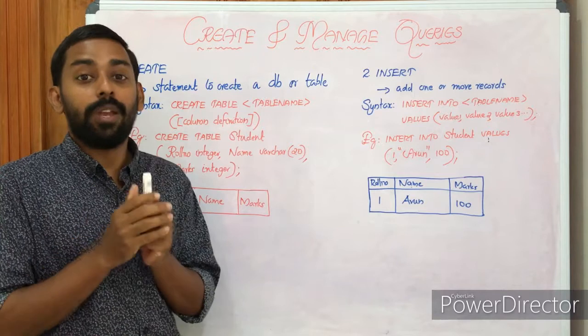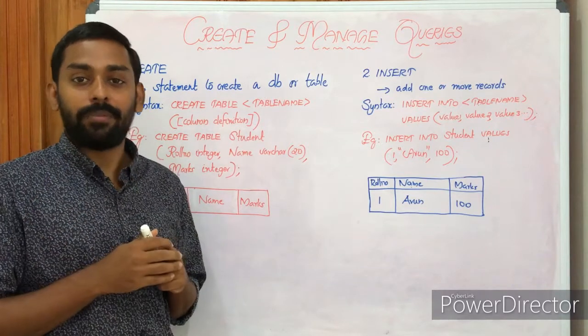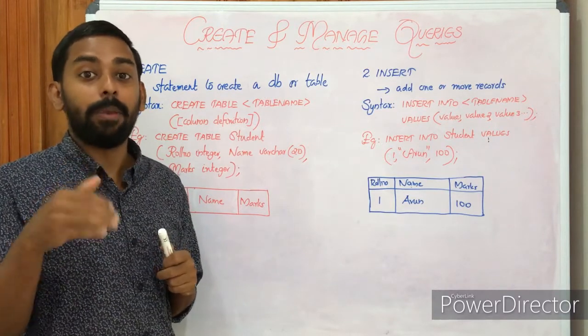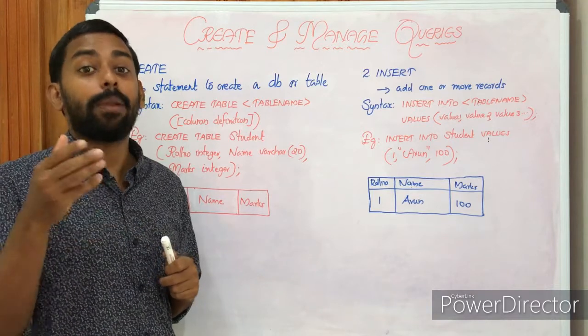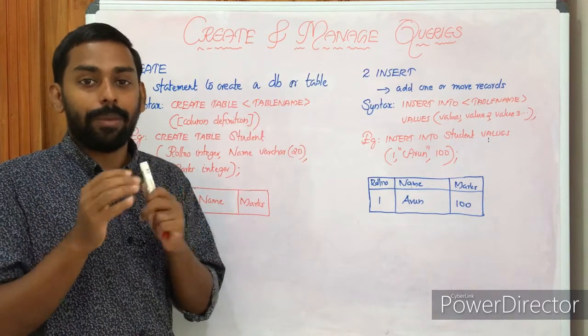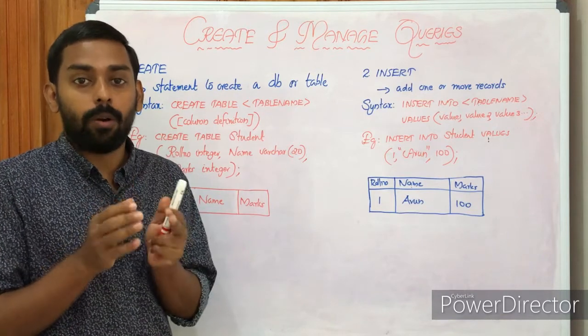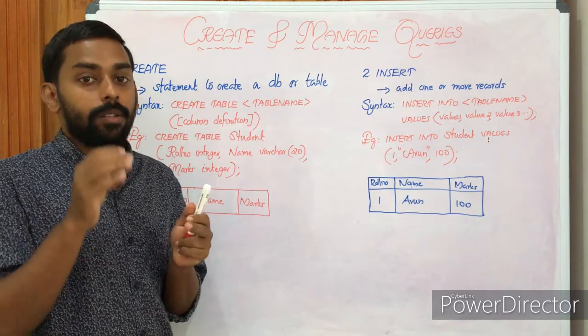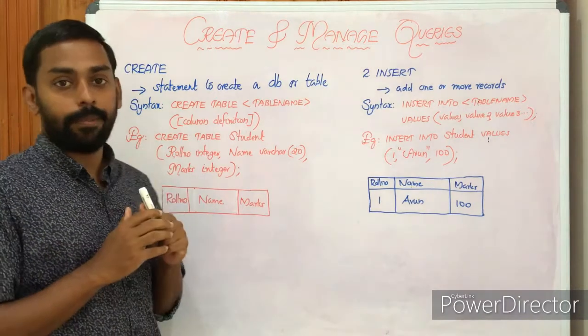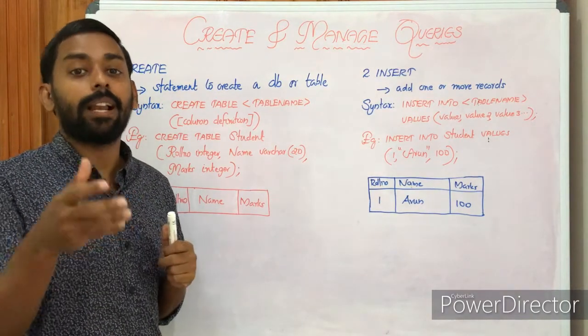Okay, so today we have a very important topic for discussion, and it's all about the implementation of DDL and DML commands. How these commands can be applied in the form of SQL queries or SQL commands. So we are starting with create. We know create is a DDL command, right?